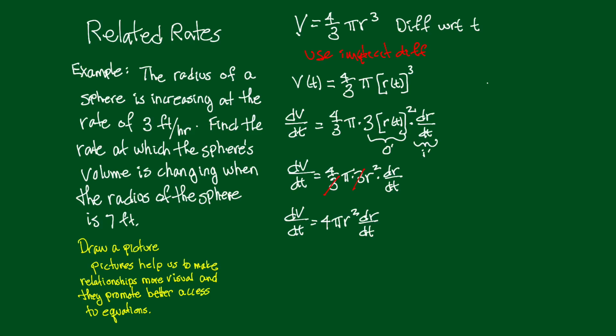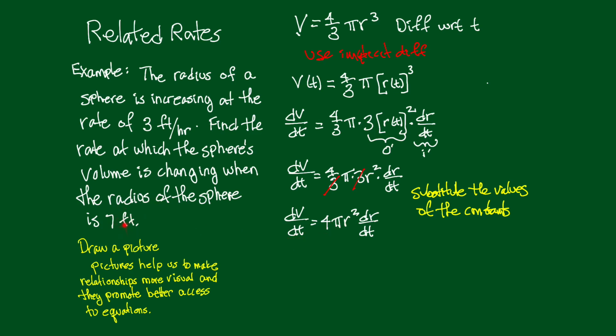Well, now we're in good shape, because what I've got is a relationship between the two derivatives. This derivative is equal to 4 pi r squared times this derivative. So let's substitute now our constants. First of all, I don't know dV/dt, there's nothing here, but I do know r, because I want this whole thing when the radius is 7.